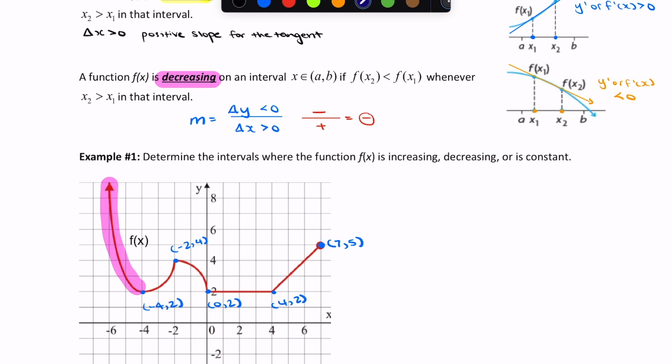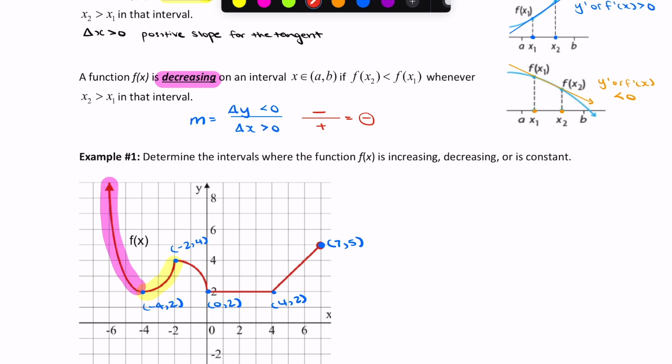If we look at some of the slopes, all of these are decreasing. Now from -4 to -2, you see that it would be increasing, or these slopes would be positive.